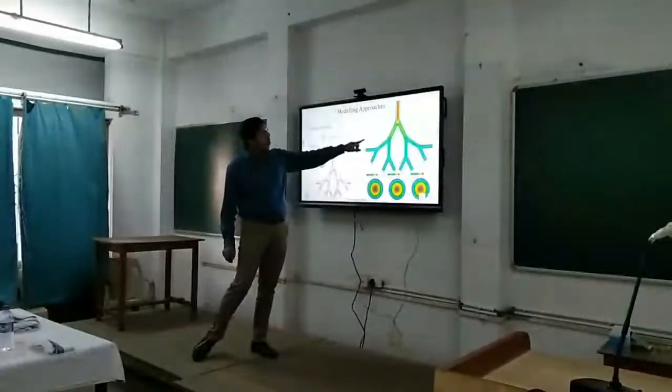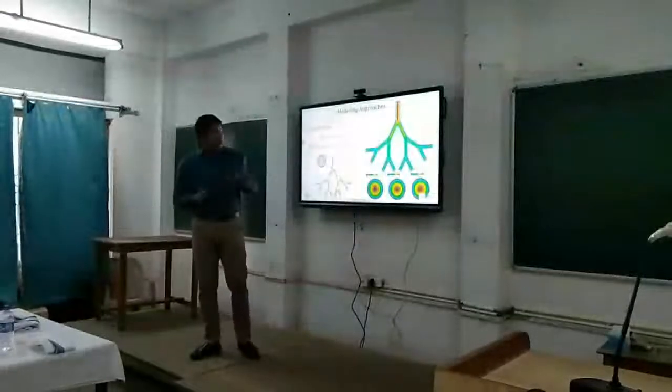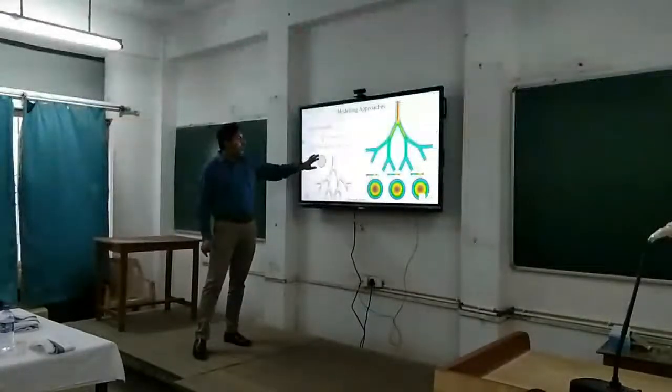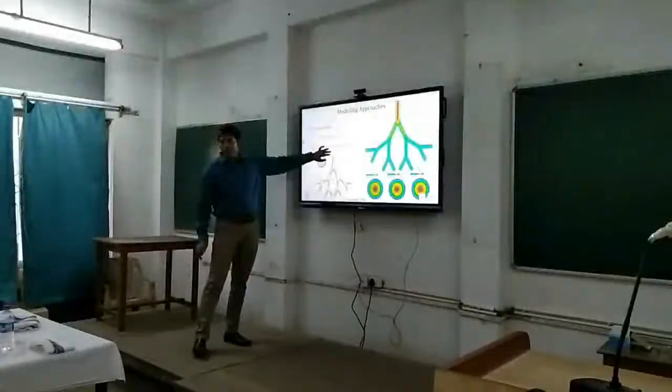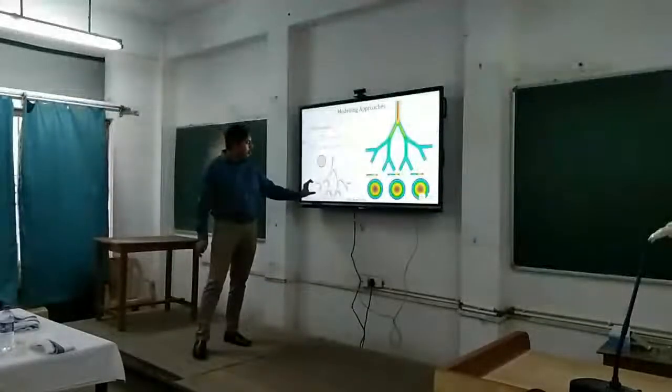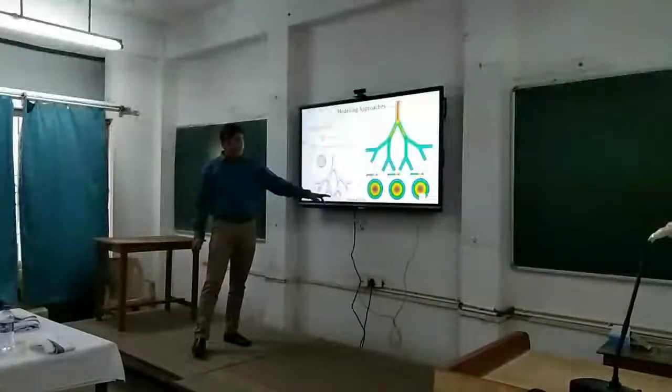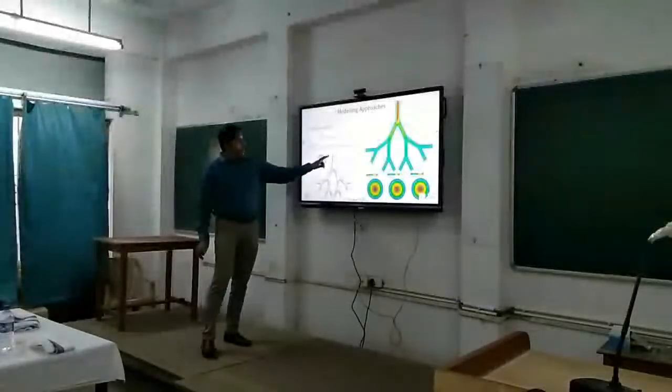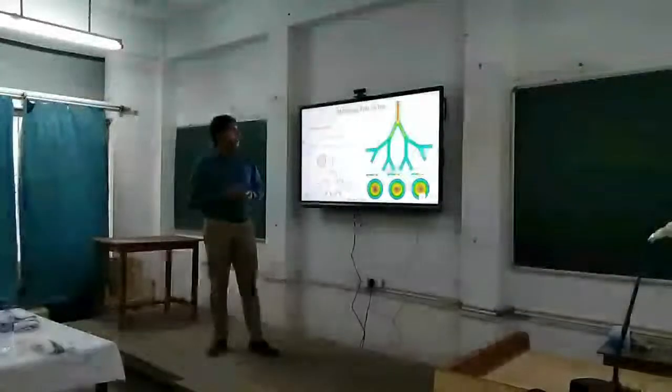This plot shows the velocity field in this network. What these guys have done, they have considered a fluid flow from this inlet, and the fluid is moving out from these outlets. And they have obtained the velocity distribution. We can also obtain the pressure drop and those type of characteristics.